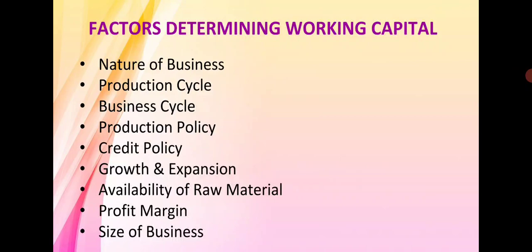Then after, the next one is production policy. Here the production policy totally depends upon the type of product that the company is producing. If the demand for that particular product is very high, then definitely the production policy is going to be continued.